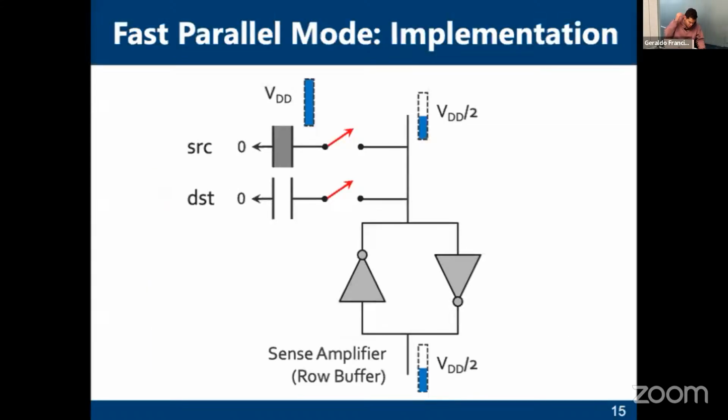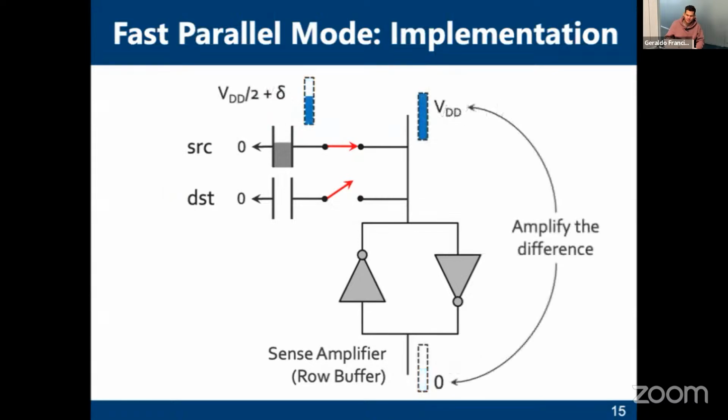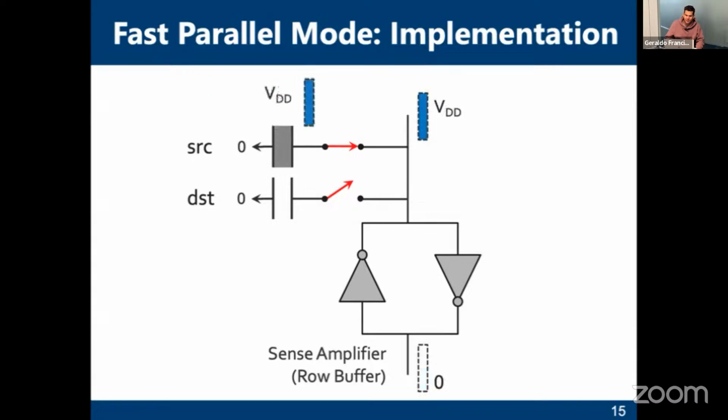So this is another view on how this operation is performed. We call this operation fast parallel mode, in contrast to another operation that I'm going to talk about later, which is called pipeline serial mode. The fast parallel mode works by the first activation, exactly as I mentioned. The data in the DRAM cell is sensed by the local amplifier and also stored inside the amplifier as temporary data.